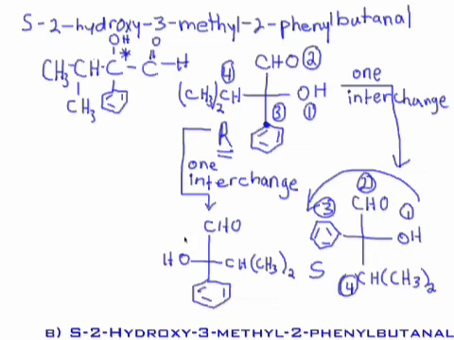Now if I do my 1, 2, 3, because I did one interchange, an odd number of interchanges means you make the enantiomer. This must be S. And it's not only S, it is S with the longest carbon chain vertical, the phenyl to the bottom, like I asked for, the highest priority group at the top. It's the proper orientation. So now I'm ready to generate my 3D structure.